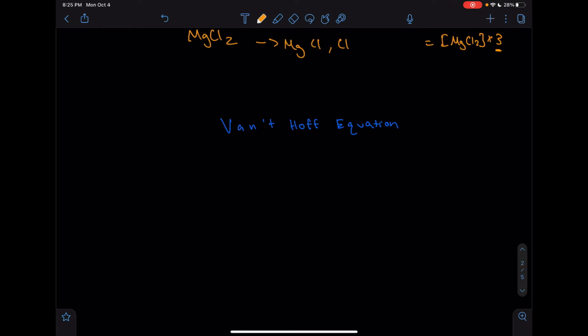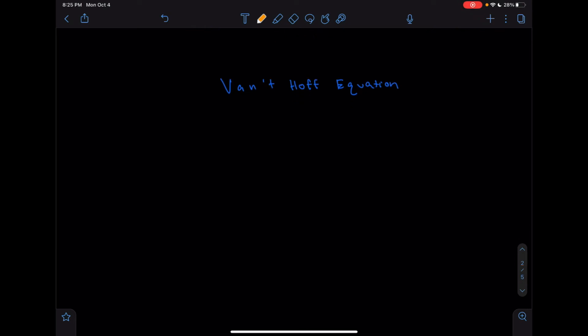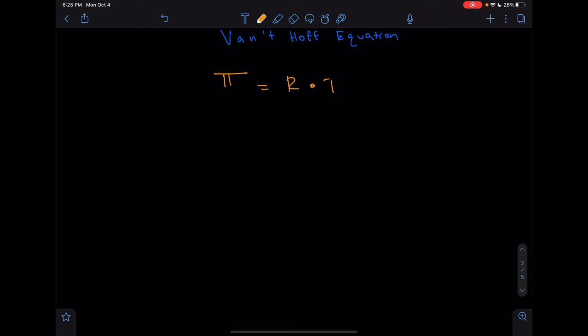So the equation we're going to be looking at is pi equals RT times osmolarity. Okay. And really, you want to look at this equation just to understand, okay? Don't really worry about memorizing everything.